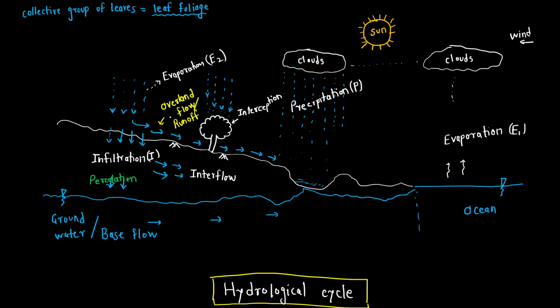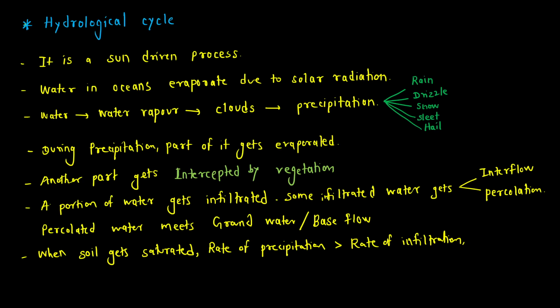So in this case, what happens? Overland flow, or what we call runoff, starts. Okay, so these are all the things that we have discussed. Now some basic definitions we will write. So the first definition is of evaporation.